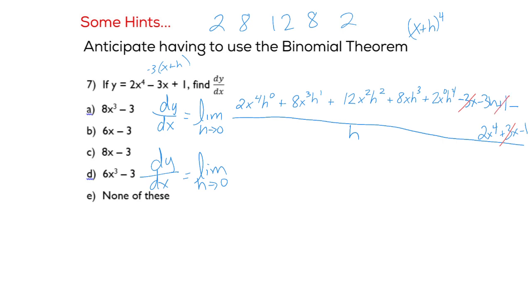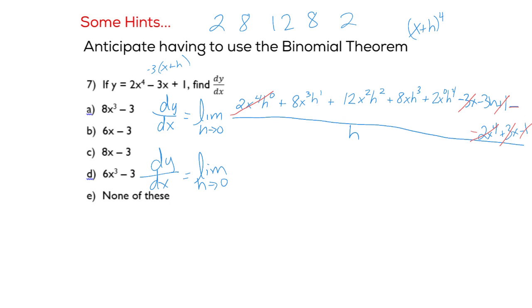I have a positive 1 and a negative 1. Oh, this was kind of bad. See how I had a minus and then I wrote it down here? That minus really needs to be on my 2x to the 4th. And wouldn't this 2x to the 4th really be the same as this 2x to the 4th? Because the h to the 0 is going to go away. So I can cross that off.